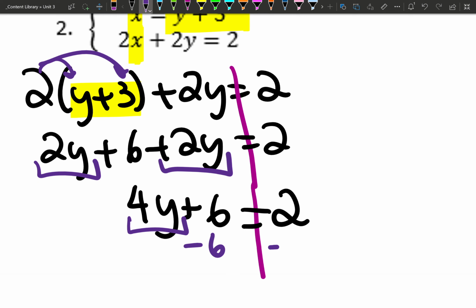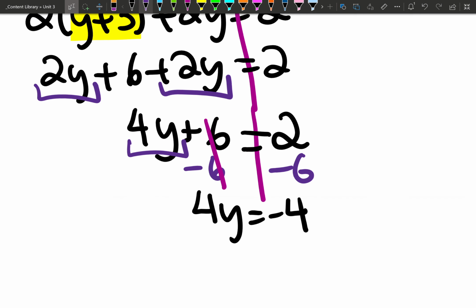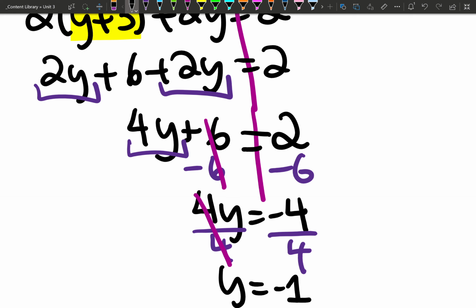Now let's subtract 6 from both sides. We end up with 4y equals negative 4. And of course, let's divide both sides by 4 because that's the number next to y. Y equals negative 1. All right, lucky us, we got what y equals.